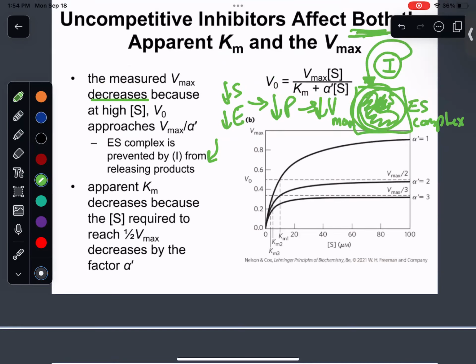So let's take a little look here, right? I'd say Vmax is somewhere around 0.5, so we're going to look for the value at 0.25, which I'd say is somewhere around here. Yeah, somewhere around here.